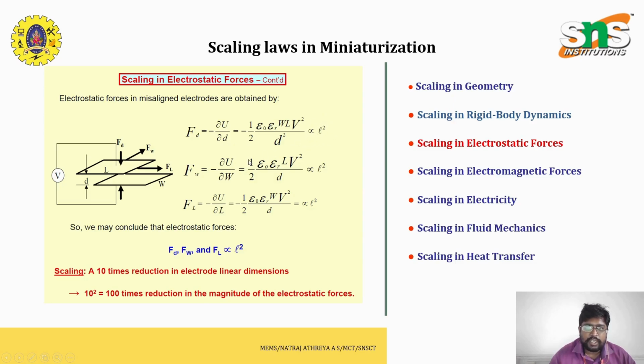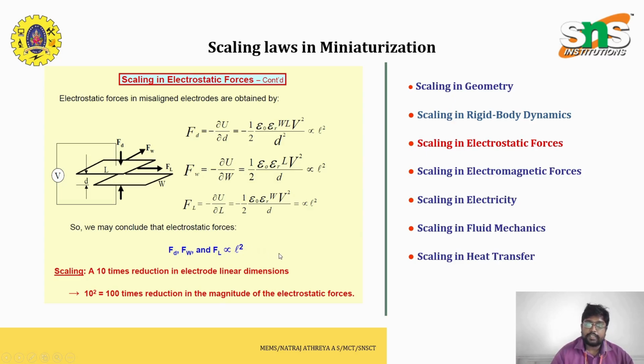Similarly for FW and FL, with respect to the width and length, they are also proportional to L squared. So we can conclude that FD, FW and FL are all proportional to L squared.